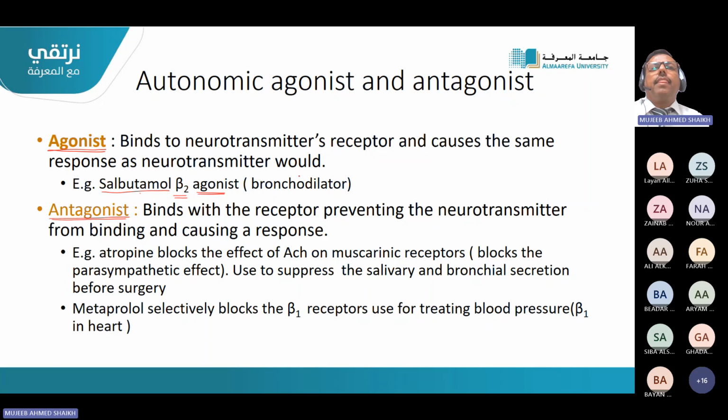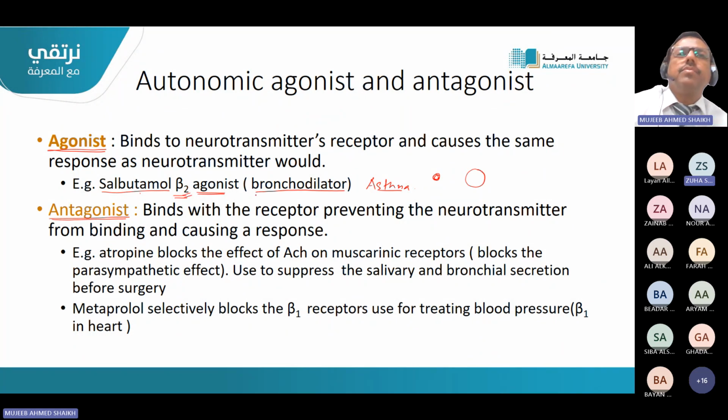Salbutamol comes as inhalers. So that is required for bronchodilation, used in bronchial asthma. In bronchial asthma, there is constriction of the bronchioles. You want to make it dilated by giving a beta-2 stimulant, a beta-2 agonist. This is called agonistic action.